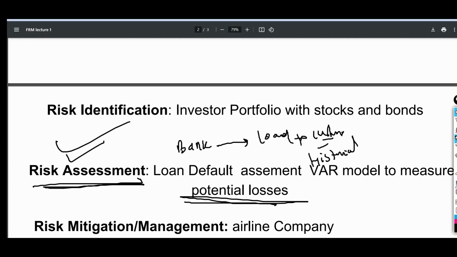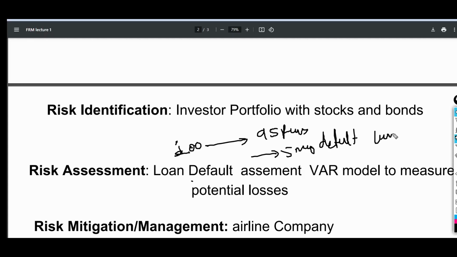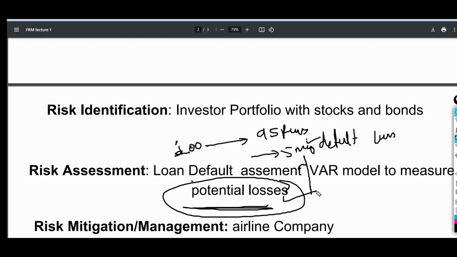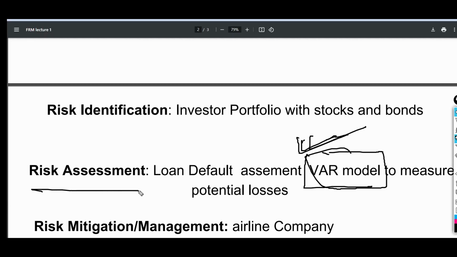Historical data suggests that if the bank gives loans to 100 customers, 95 are going to repay their loans, and 5 may default. So I need to compute, if 5 customers default, how much loss the bank will have to bear. For that we will be using the VaR, Value at Risk model, to compute the potential losses, and we will learn that later. So that's about risk assessment.